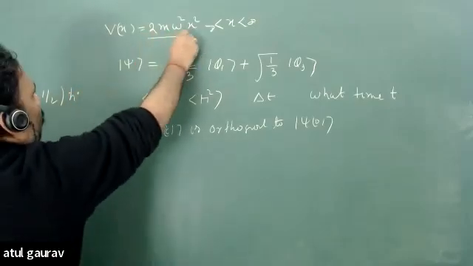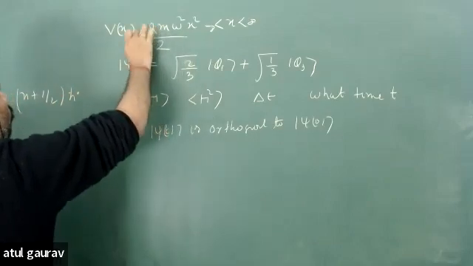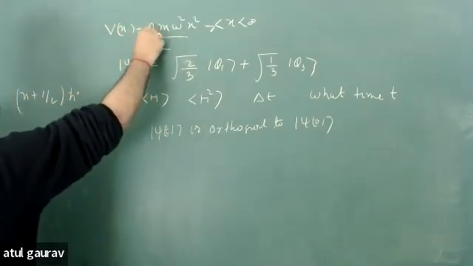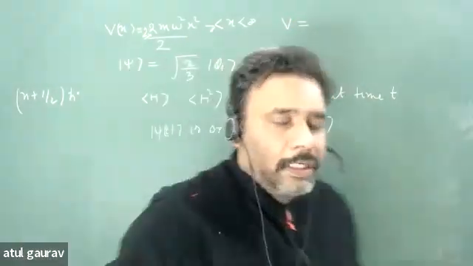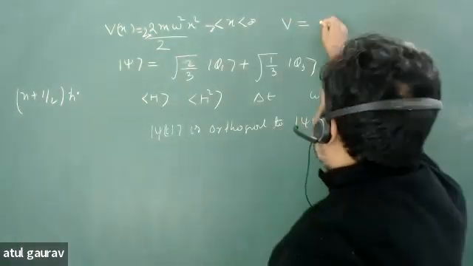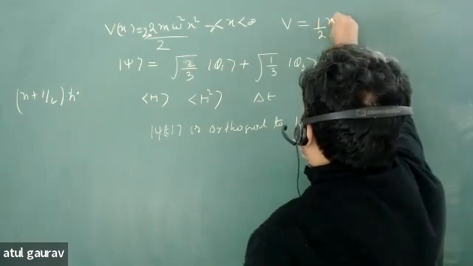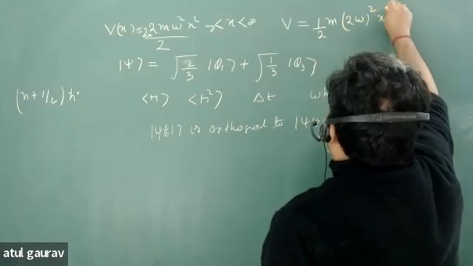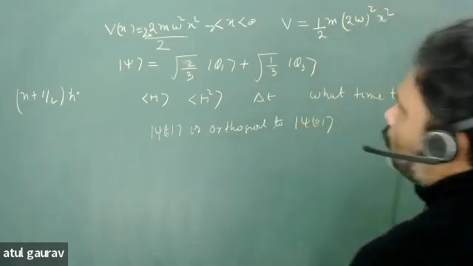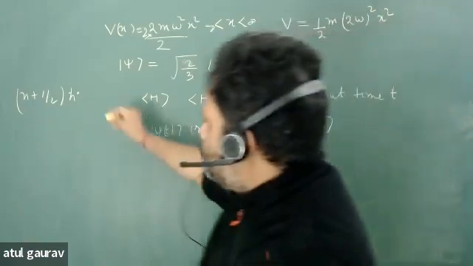Why? Because you have to divide by 2 and multiply by 2. Your potential is in terms of the general term of the harmonic oscillator: half m (2 omega) whole square x square, isn't it? So your omega effective is 2 omega.